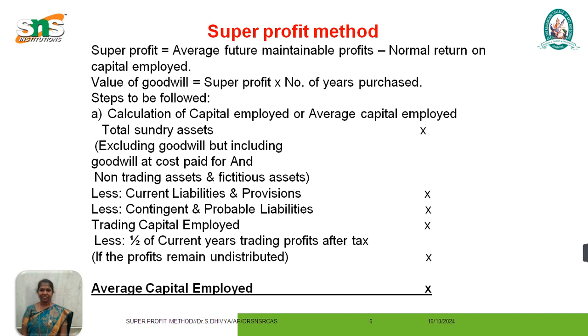Value of goodwill is super profit into number of years purchased. The calculation of capital employed or average capital employed is total sundry assets, which should not include goodwill, minus non-trading assets, current liabilities, provisions, contingent liabilities, and then less half of the current year trading profit after tax. This is the answer for average capital employed.